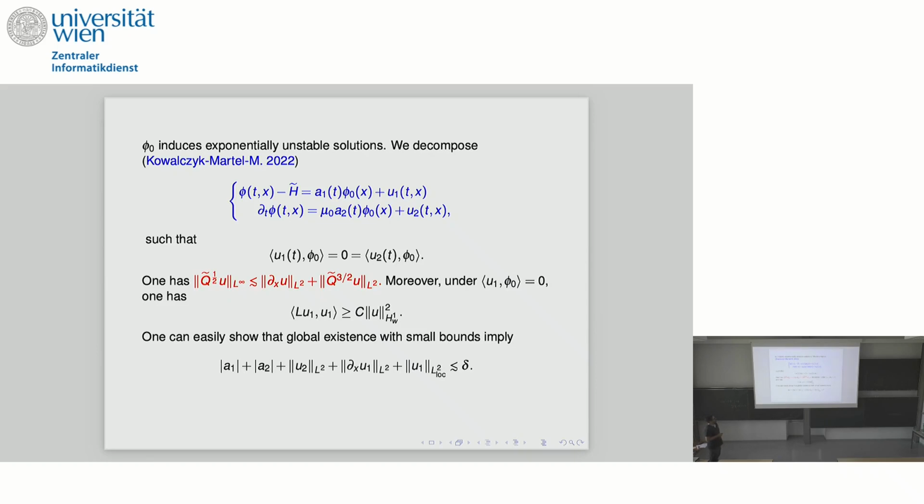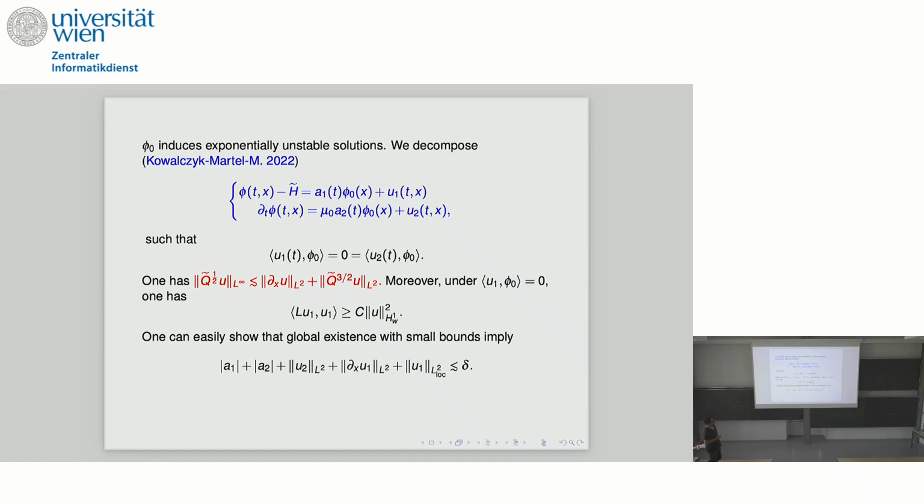We will choose U1 orthogonal to phi naught. That's the standard choice. But as I told you before, the energy only gives you this control. And if you have this control, then you only get L infinity control on this quantity, which means that this guy may be growing in X, but not too much.